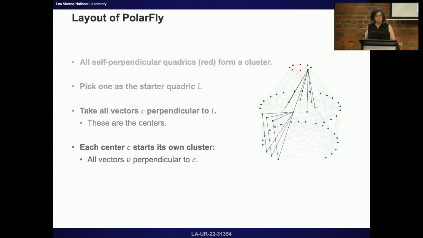Each center starts its own cluster, and all the vectors in that cluster are perpendicular to that center. So what you end up with is q plus 1 clusters, and you could put them in different racks or however you choose to lay them out. And it's going to consist of the quadrics and then each of these little clusters that look like this.